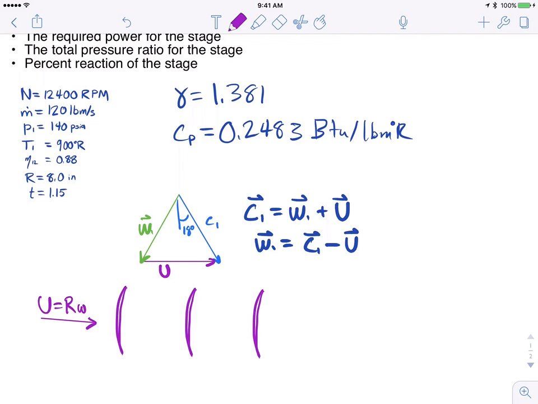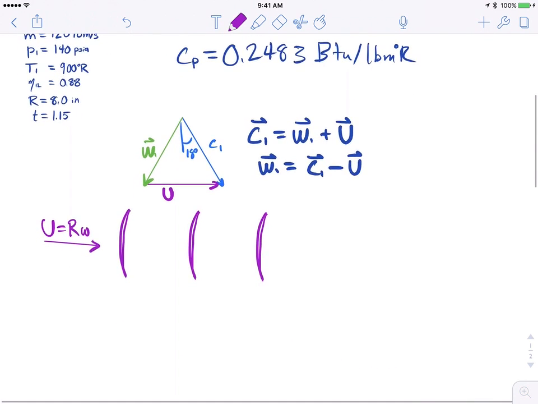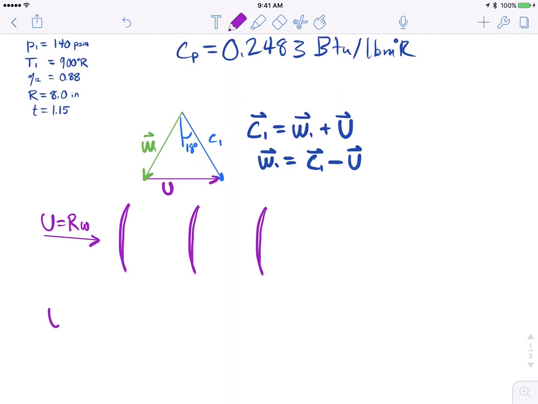So in order to solve what's going on, we need to evaluate a few velocities. There are a couple we can calculate directly. The first is, of course, the velocity of our rotor here, which again is equal to the radius times the angular velocity. We know we're looking at an average radius of 8 inches for these blades, and so we will convert that to feet, 1 foot per 12 inches.